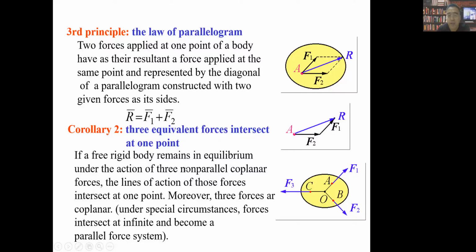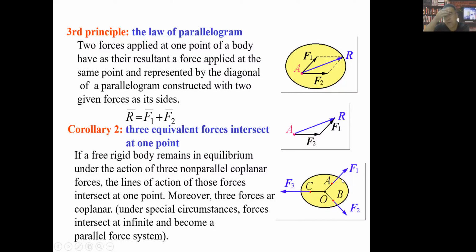You can think about why this is true, because we can arbitrarily select two forces and, using this principle, find one resultant force to replace F1 and F2. Then this body changes into the condition that it only has two forces acting on it: one is F3, another is FR, right?